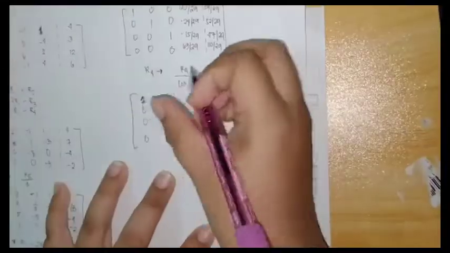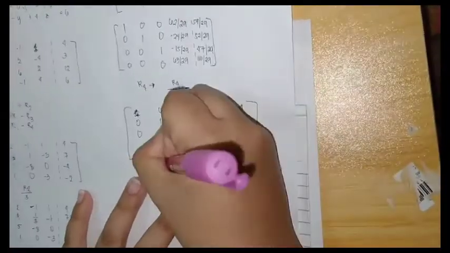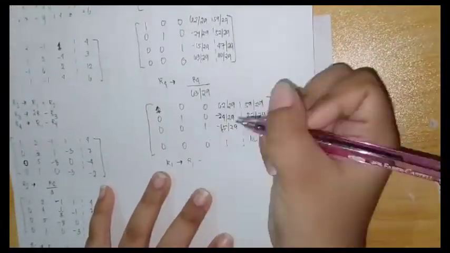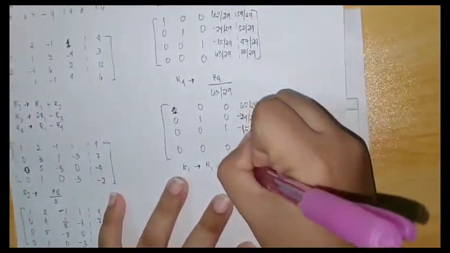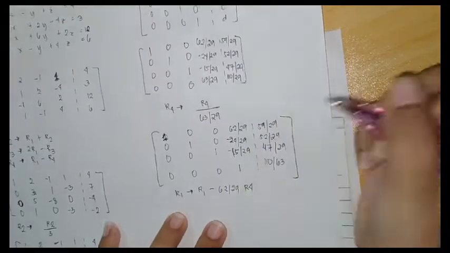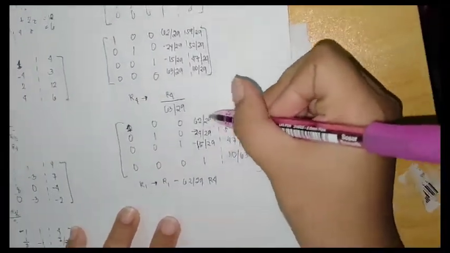So for the new R1, R1 minus 62 over 29 R4 to make this into 0.